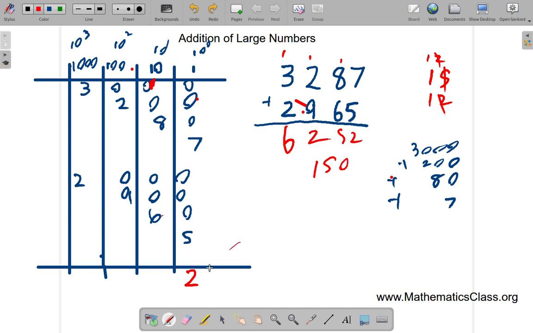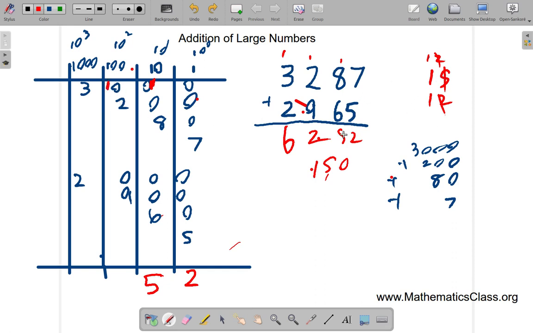Let's concentrate on the 5. 6 tens plus 8 tens is 14 tens. Plus 1 more ten gives you 15 tens. So it is 5 tens that you have, and 100. So you put the 100 over here above the 2 in the hundreds column.